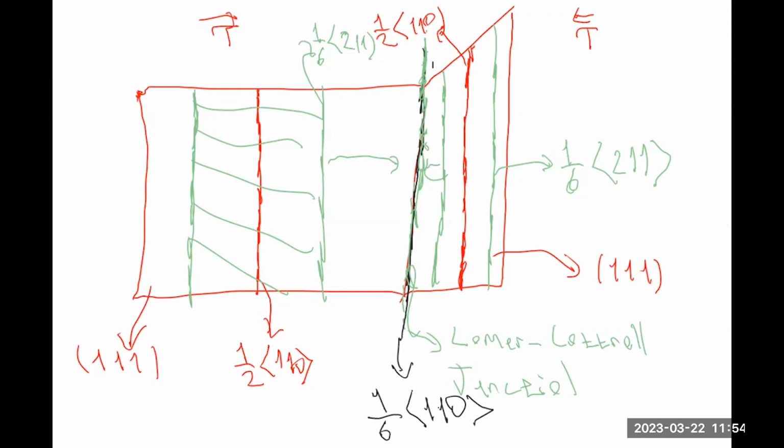So is it clear? This is the main mechanism why we see hardening for the FCC crystal structure. Is it clear, guys? This is a very important point. If you didn't understand anything, please ask. So let's summarize what we have learned in today's class.